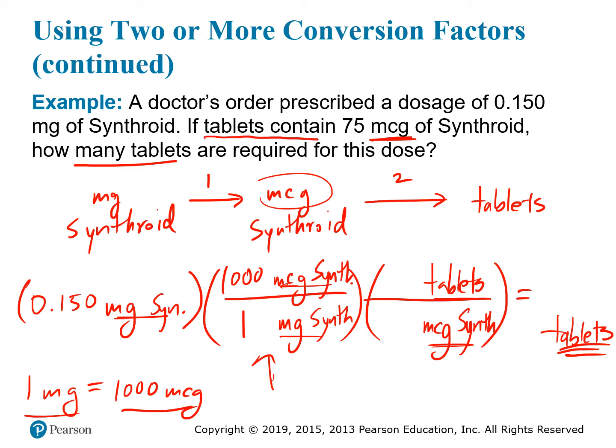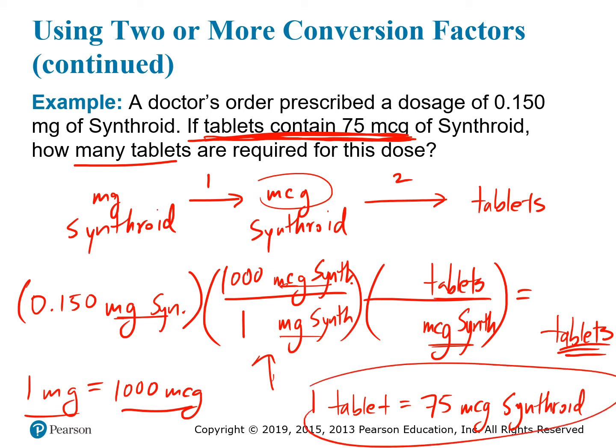It says tablets contain 75 micrograms of Synthroid. The way that you would express that as an equation is 1 tablet equals 75 micrograms of your drug, Synthroid. So from this equation, we can see that the 1 goes on top here, and the 75 goes in the denominator here.